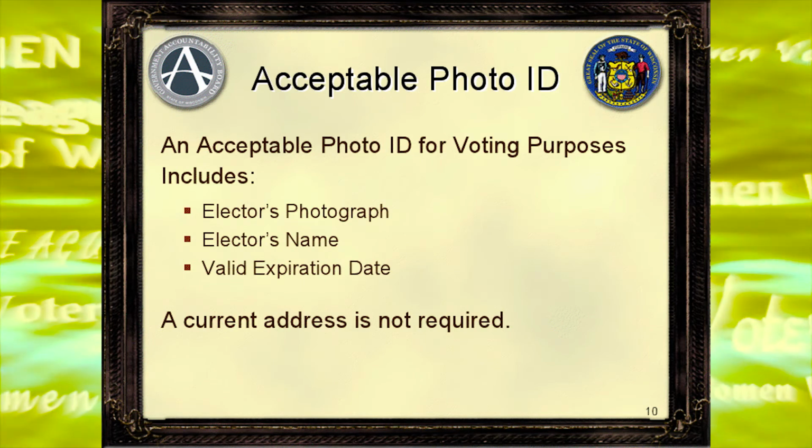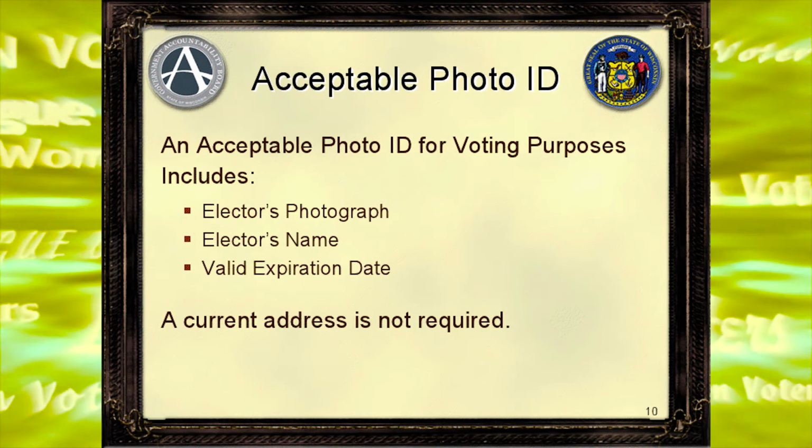But it does have to conform. Also, your poll workers, the clerk, is going to look at the expiration date on the identification. That expiration date either has to be unexpired for those IDs that have to be valid on election day, or for those 4 IDs that can be expired, that the expiration date is since the last general election.